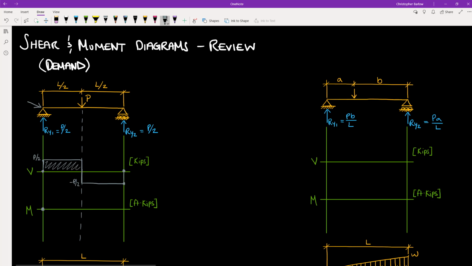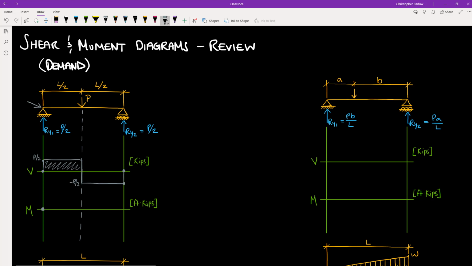Or if you've taken calculus, moment is the integral of the shear diagram. But for this course, we'll be dealing mostly with regular geometric shapes, and so we can simply calculate based off of geometry, and we don't need to use complicated integral equations.